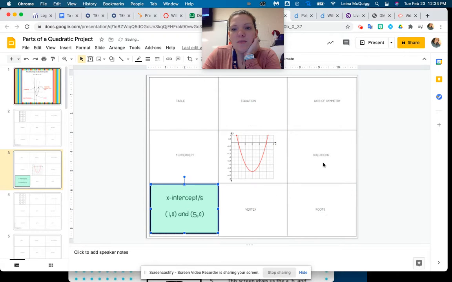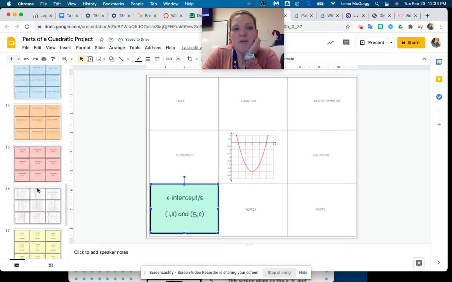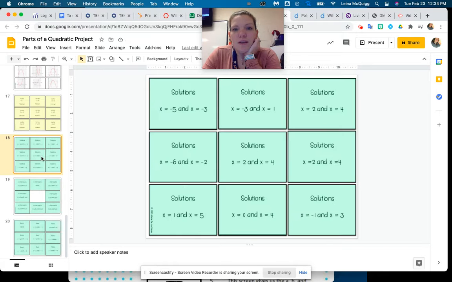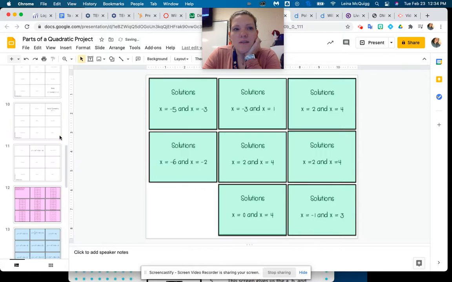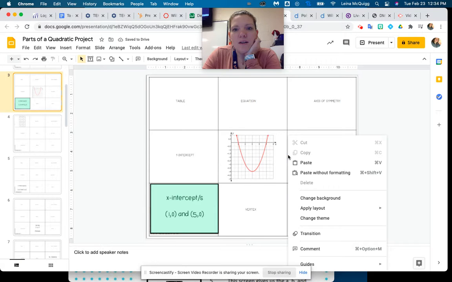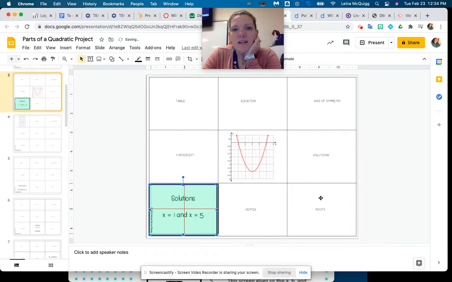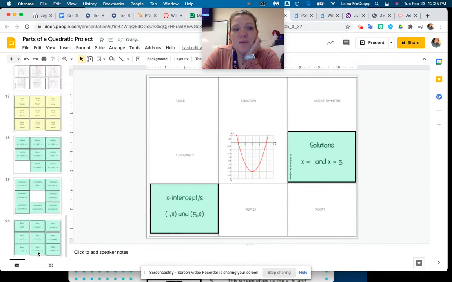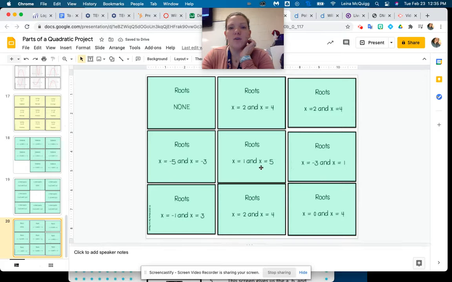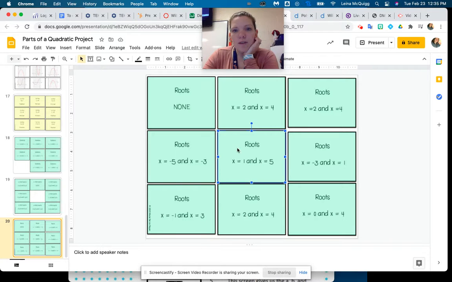Well, x-intercepts, roots, and solutions are the same, so now I'm going to go to roots and solutions. Here's solutions. I'm going to find the one that has 1 and 5. Here we go. Right click, cut. Come up here, right click, paste, and then I'm going to drag it over here to solutions. Roots is going to be the same, so I'm coming down here to the page that has all the roots on it. 1 and 5.